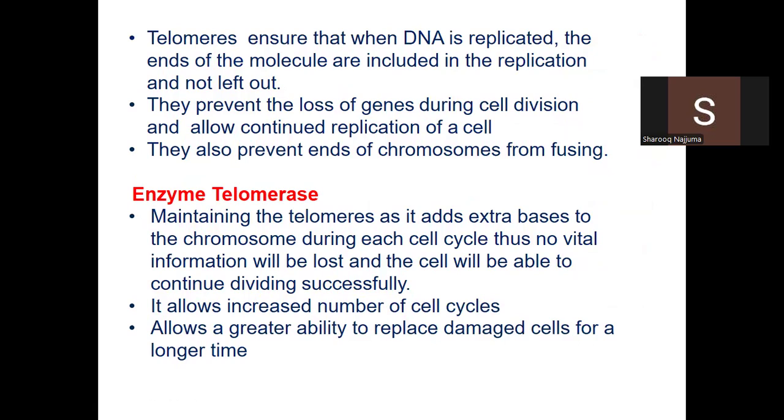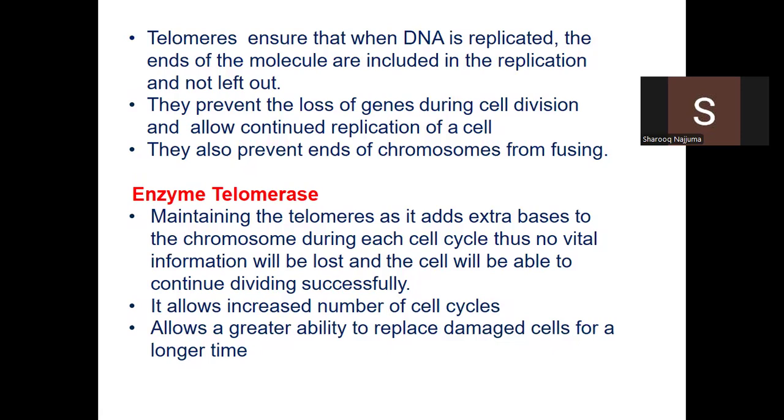It keeps on adding extra bases to that chromosome during each cell cycle. So the moment the cell divides to those daughter cells' DNA, the telomeres are topped up. So this ensures that no vital information will be lost, and that means that that cell will have all the important genetic information and it will be able to continuously divide.